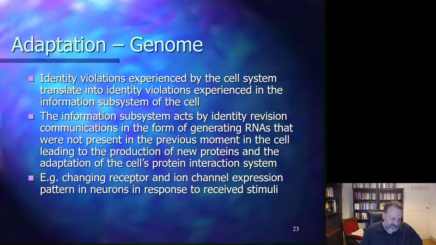Some of the changes of the cell are passed on through the use of transcription factors, and these trigger the activation of different parts of the genome, producing different kinds of RNAs, and then ultimately producing different kinds of proteins within the cell.